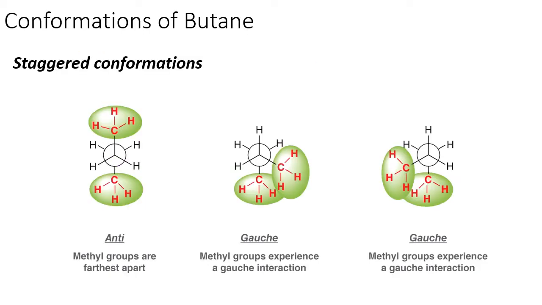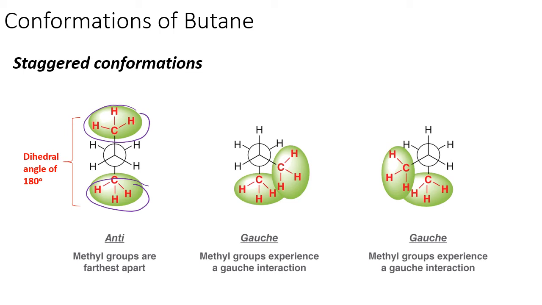So this picture shows exactly what we were just looking at with the Newman projections, but it's a little bit easier to see how bulky the methyl group could be. Even though methyl is actually a relatively small group, it still can interfere with one another, especially in that gauche positioning. So notice in the anti-staggered conformation, there's that 180-degree dihedral angle between the 2 largest methyl groups. They're the farthest apart that they can be.